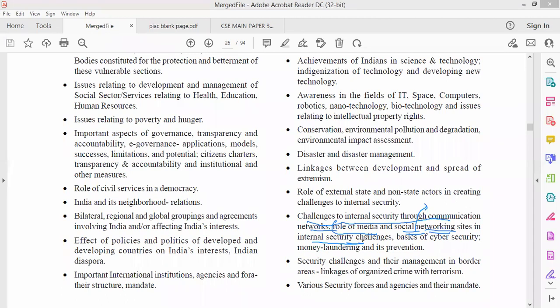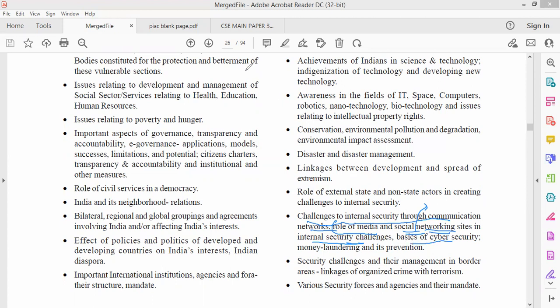For example, if fake news goes viral, it can create riots and communal tensions, and hate speech can create internal security challenges. So social networking should be handled in a very careful and cautious way, with great responsibility. So what are the challenges for India on social networking? And then there is the basic one, cyber security.